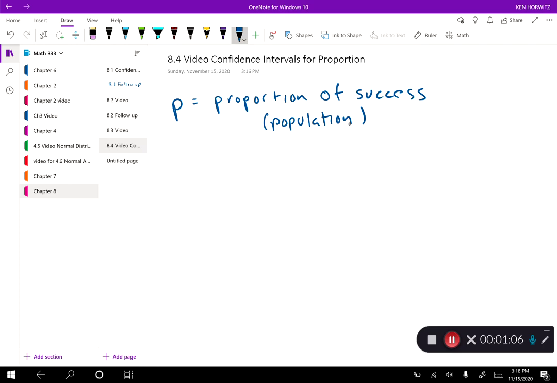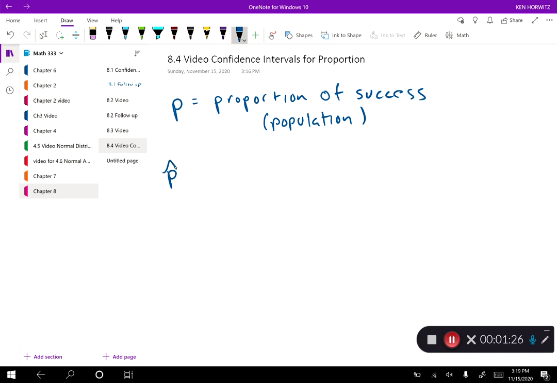So if success is rolling a 6, success is having blue eyes, success is having blonde hair, whatever success is, p would be the proportion of the population that has that characteristic or had that success.